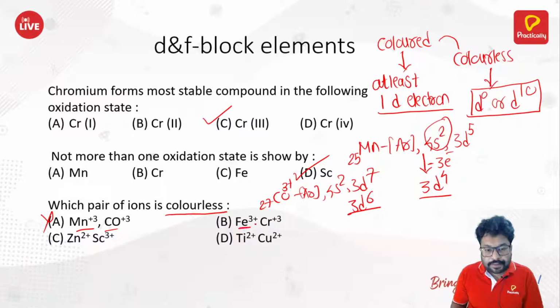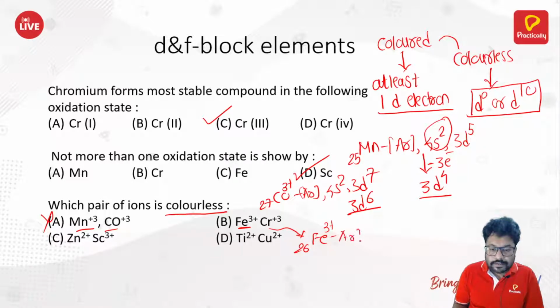Next, Fe3+. The atomic number of Fe is 26, right? And 3+, so electronic configuration argon 4s2 3d6. So 3 electrons are gone, 2 from s, 1 from d. You remain with a d5 system, so that can't be colorless.